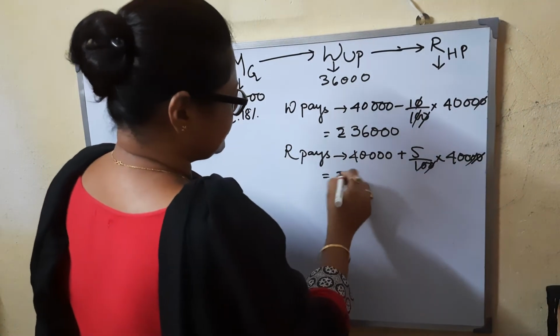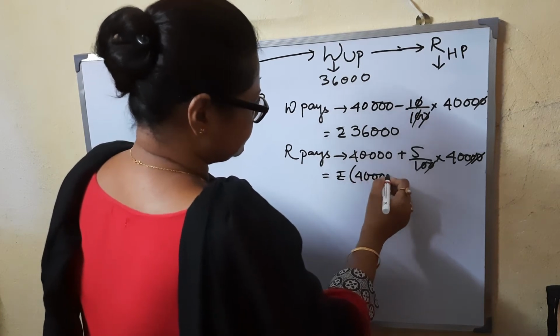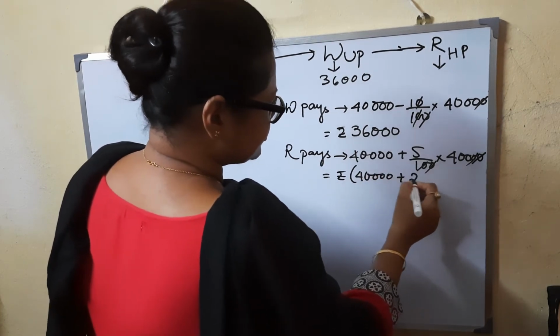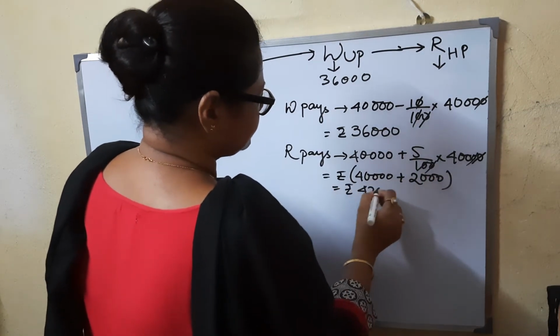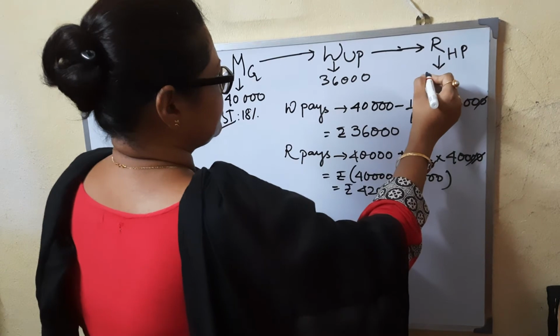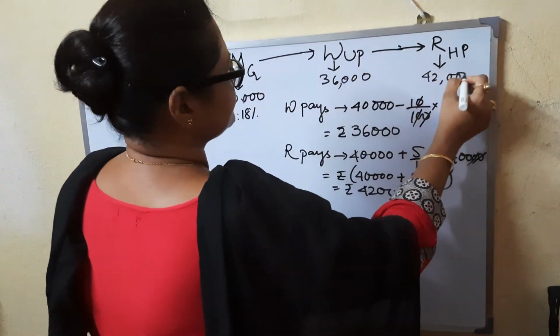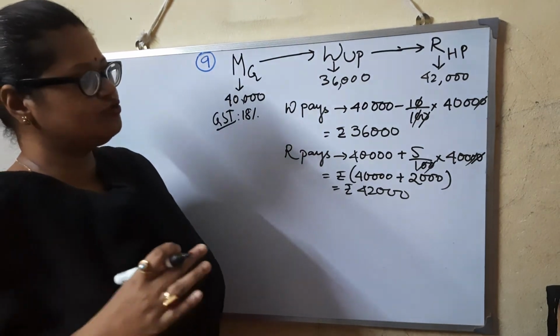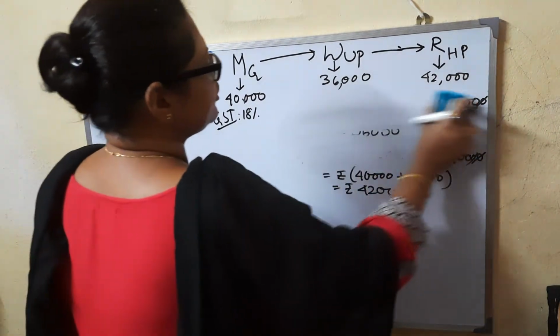So you get rupees 40,000 plus 2,000, that means 42,000. This is what the retailer pays without the tax. Now let's move on with the sum.